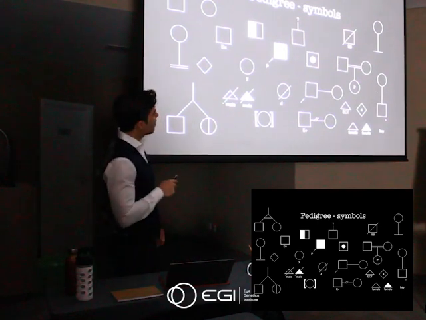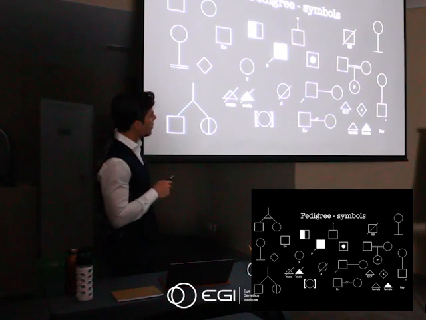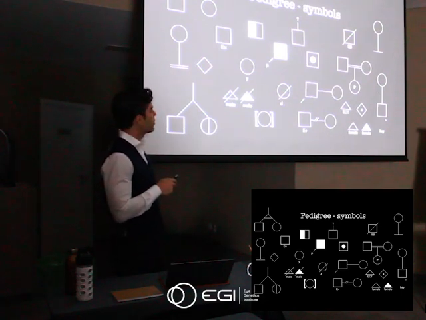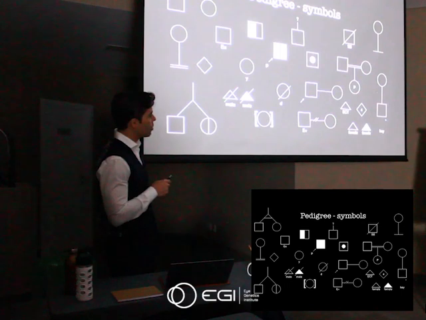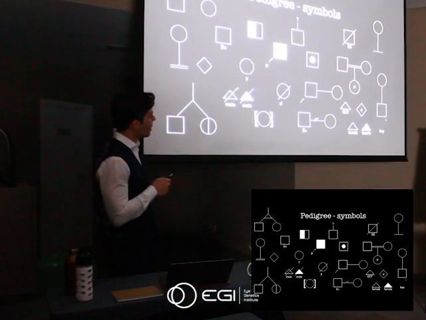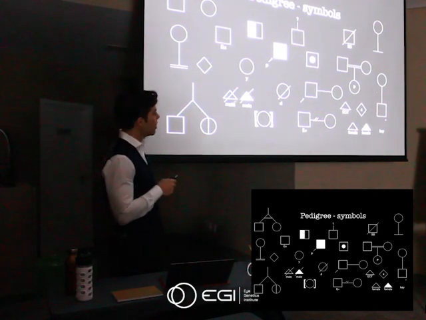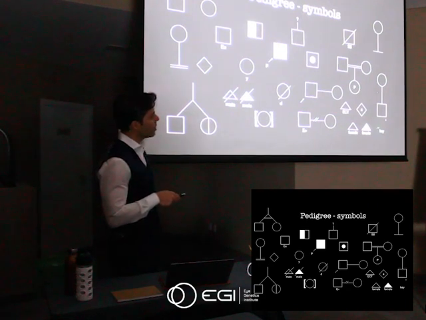So here we have other symbols that mean the pregnancy didn't come to fruition. It was interrupted. When we have the line across the triangle, it means that it was a provoked abortion, and here it was a spontaneous abortion.